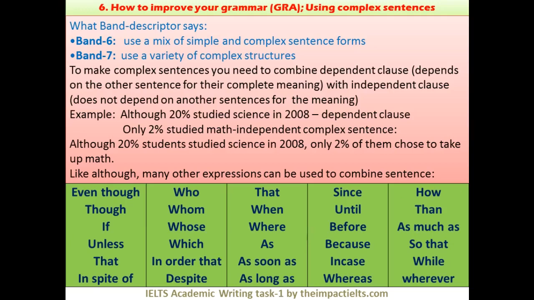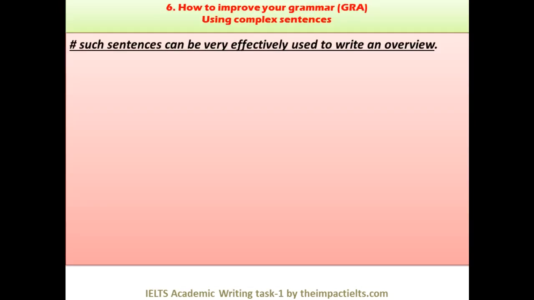So let me show you some examples of some of the sentences, how they can be used. Most of the time they can be used a lot in writing an overview. They're useful because you want to write an overview, which is a complex sentence. So let me show you some examples.